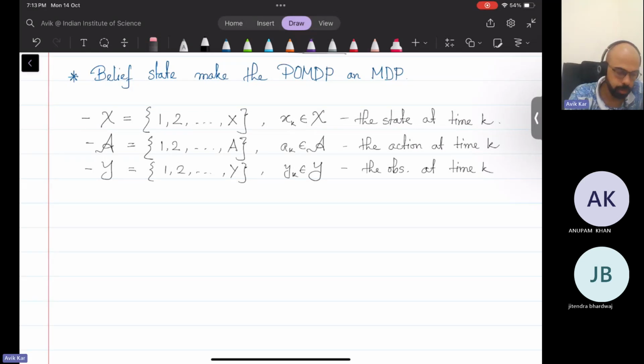Okay, so in MDP, we have seen the transition probability matrix.